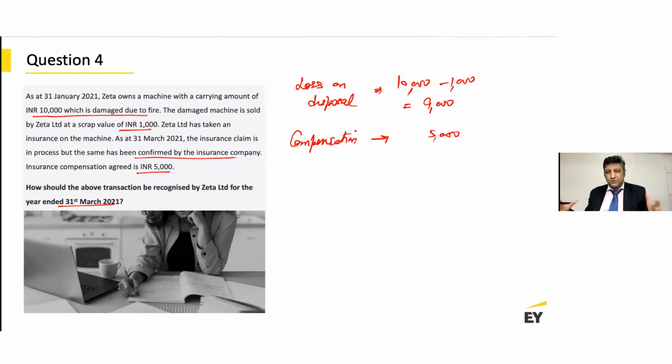Very simply put, should I adjust this 5,000 rupees of compensation against the loss, or should I show these two items separately, right? Now, very clearly, we're talking about the concept of offsetting here. So there's a loss, let's put it in a bracket. Should we be permitted, or are we allowed to offset these two transactions, right?